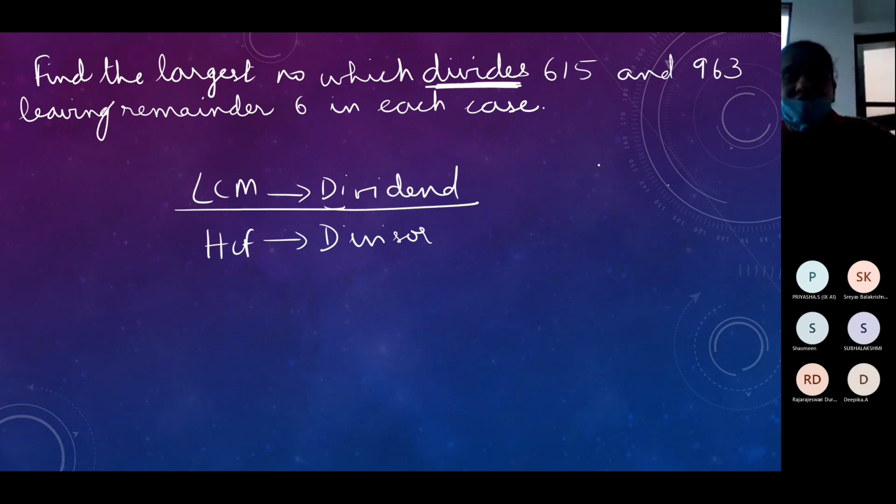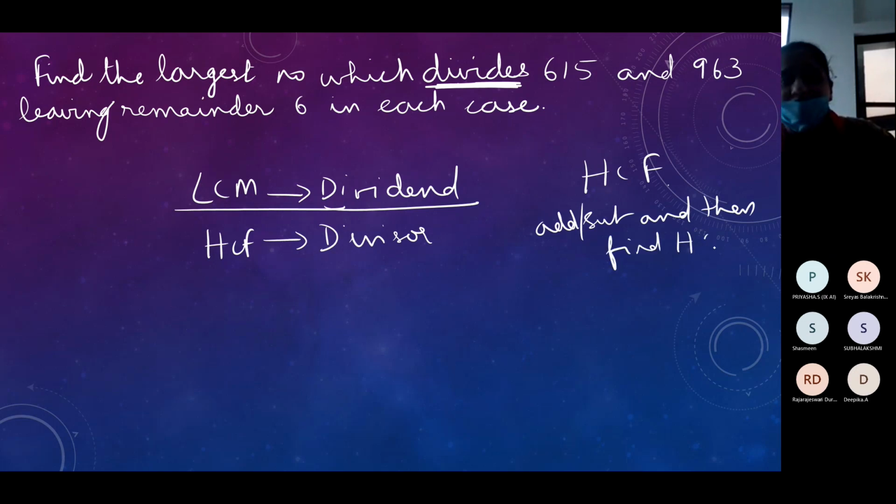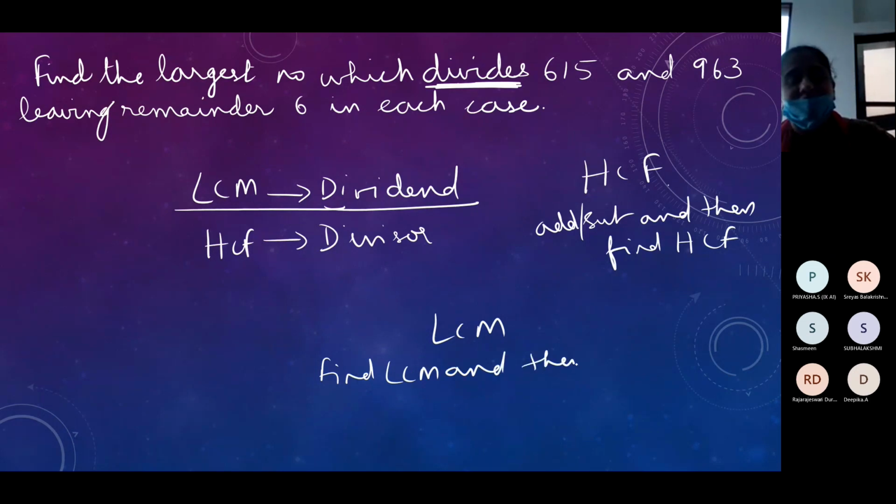How do I write that? If you're finding the HCF, add or subtract and then find the HCF. If you're finding the LCM, find the LCM and then add or subtract. You will understand. Just make a note of all this, children. For LCM, you should always find it and then do the manipulation.